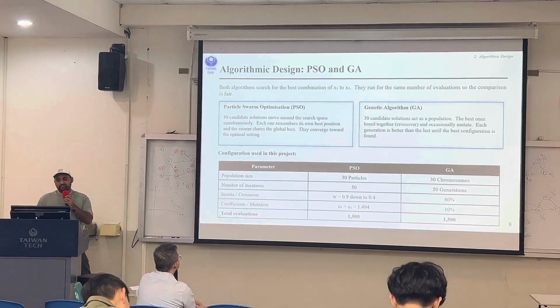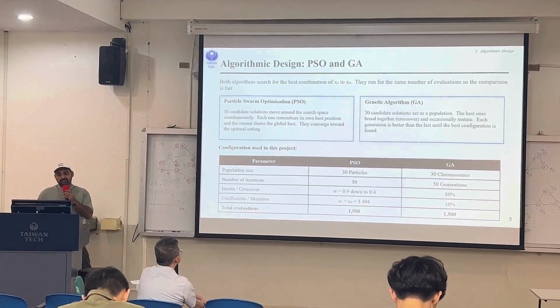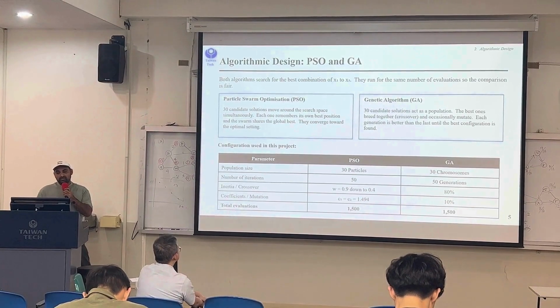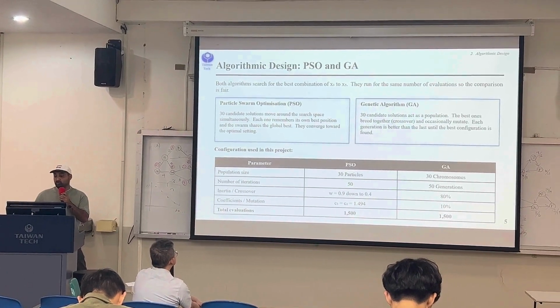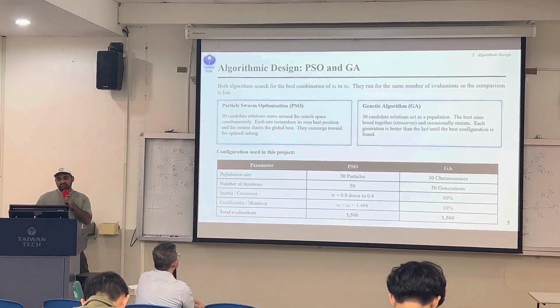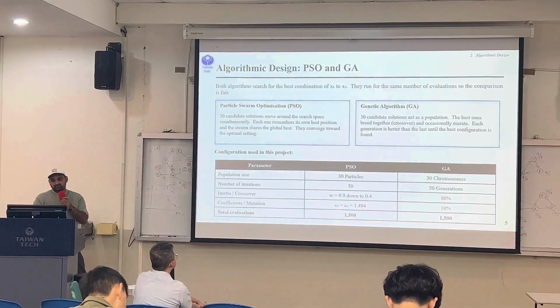GA has 30 candidate solutions acting as a population. The best ones breed together, crossover, and occasionally mutate. Each generation is better than the last until the best configuration is found.